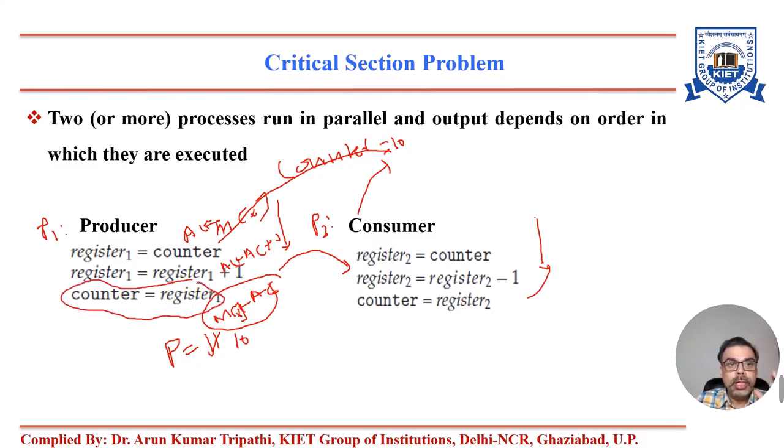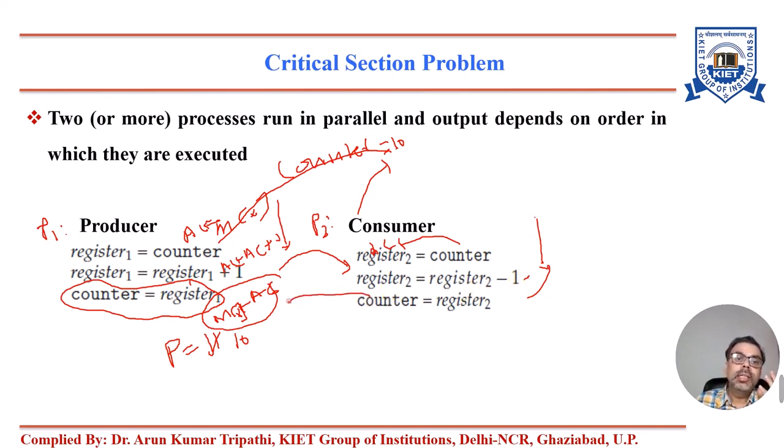It has computed it, but the value is still in the accumulator. It has not been reflected at the memory location, so at the memory location the value is still 10. P2 will read the value 10 from the memory location and store it in the accumulator. Then the value of the accumulator will be decremented by 1.